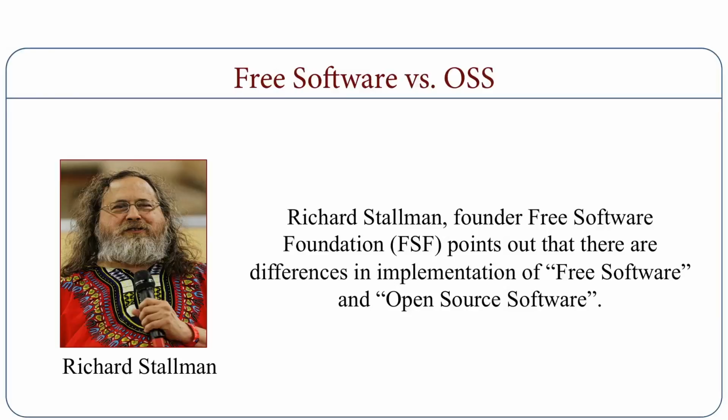Even though when we read the freedoms as described by Richard Stallman and the conditions which are required to fulfill the open source software definition given by OSI, Richard Stallman still does not believe in the term open source software. There is a lot of debate among people who support the term free software as defined by Richard Stallman and people who define open source software as defined by OSI.